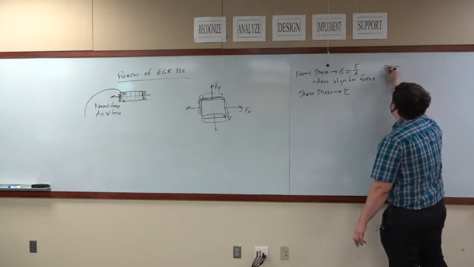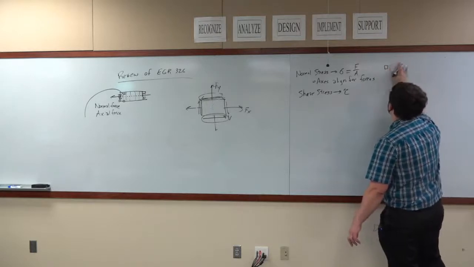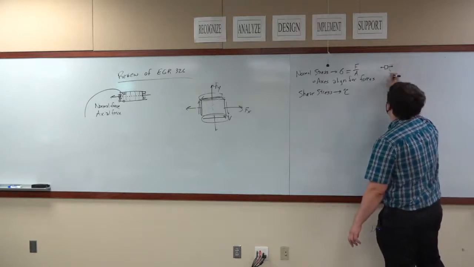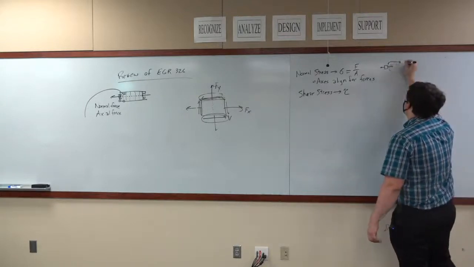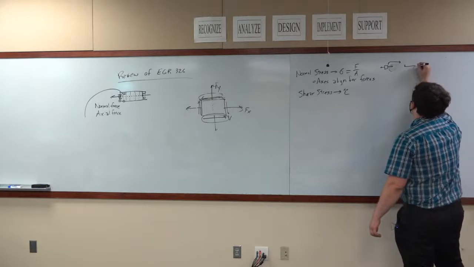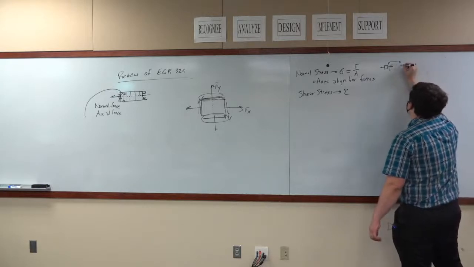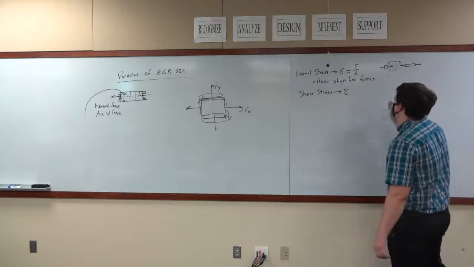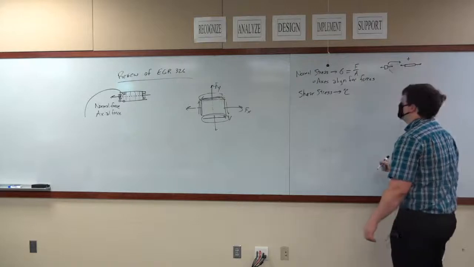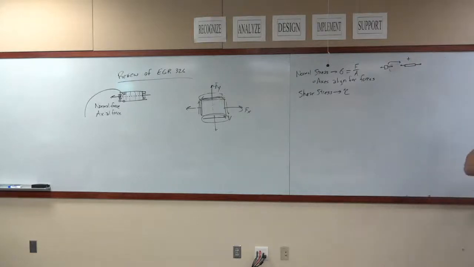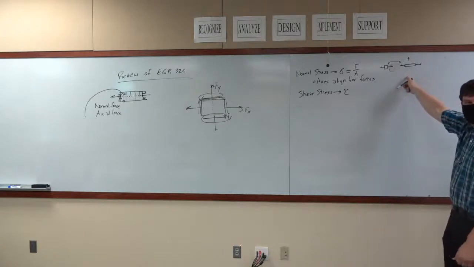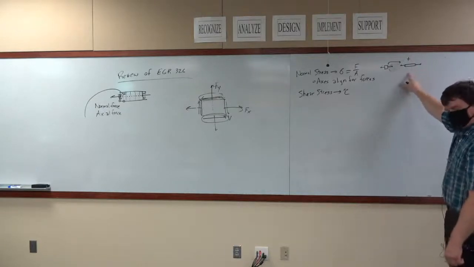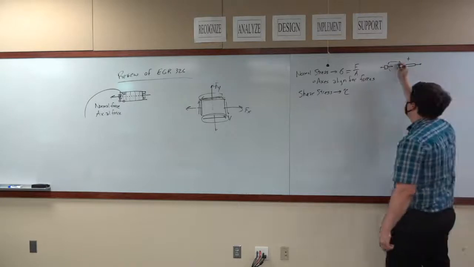If you were to take this square and pull on it in this direction, if it's a tensile load, then you're going to end up with something like this. This is called positive normal stress. If it's pulling out, if it's a tension load, causes it to stretch in that direction, then it is considered a positive load.